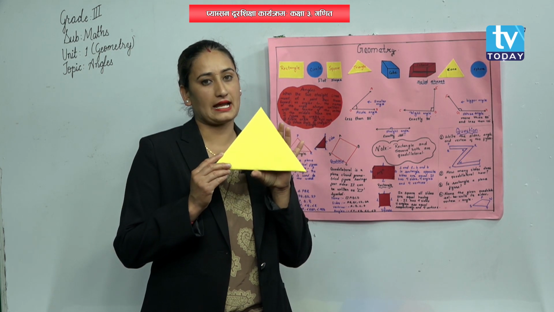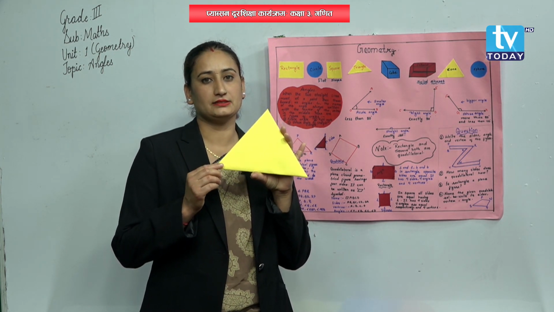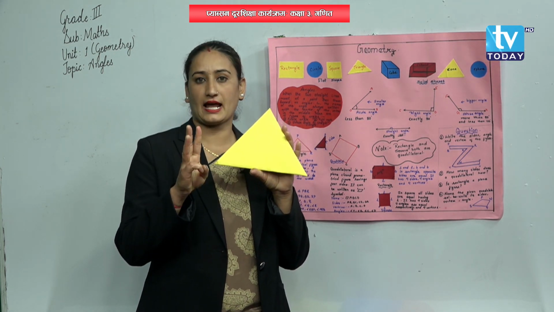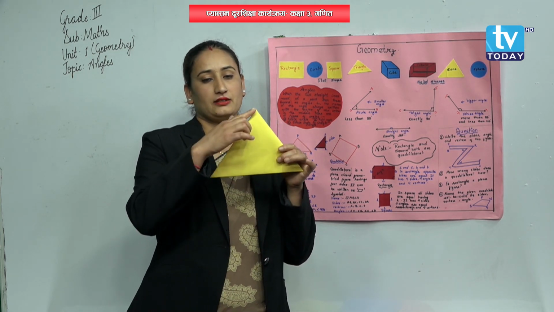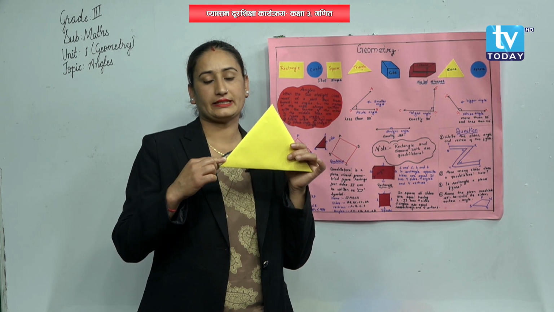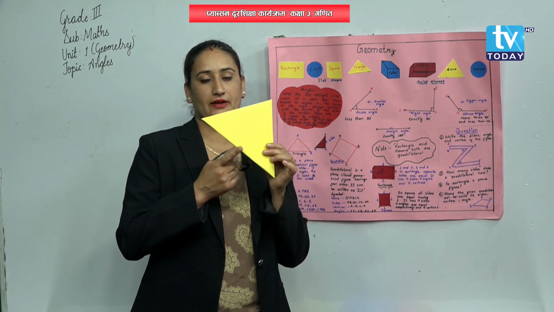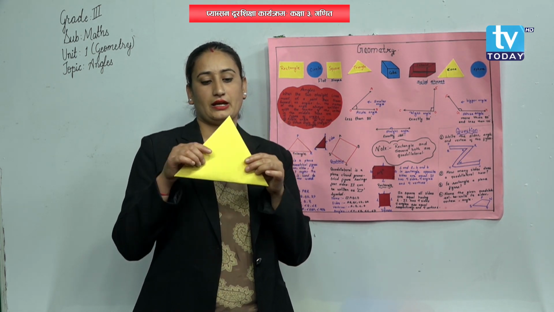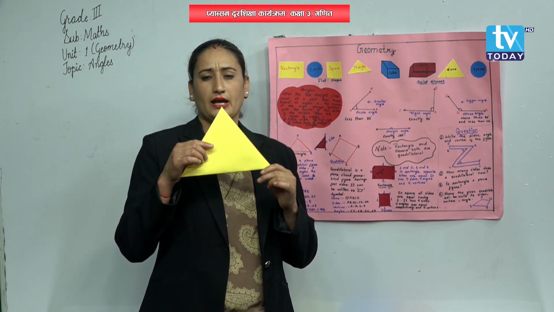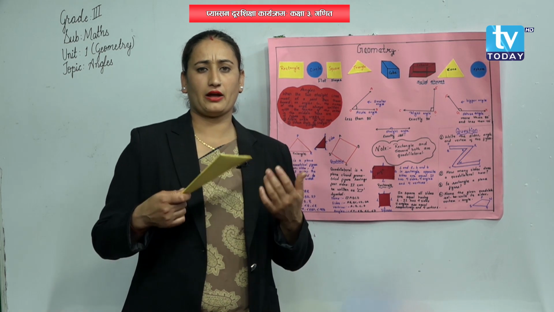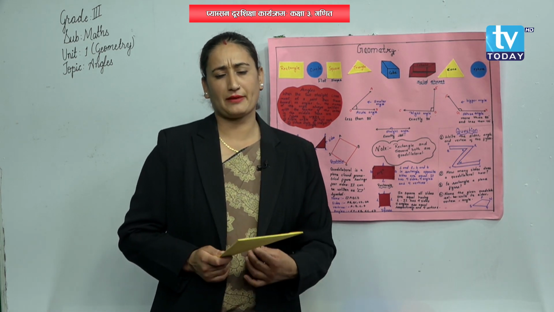And how many sides are there in a triangle? 3 sides. What are they? See, one side, have you seen? Yes. This is one side, have you seen? Good. And here is another side. Have you seen? Good.